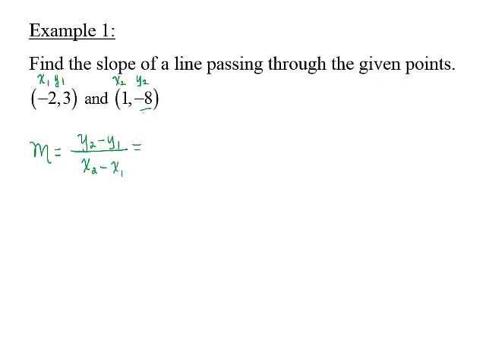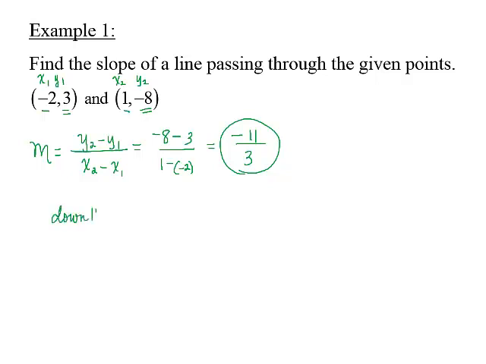Substituting these values, we get -8 minus 3 divided by 1 minus -2. Simplifying, we get -11 divided by 1 plus 2, or 3. So this slope means that as we move from one point to the other point, we will have to go down 11 units and right 3.